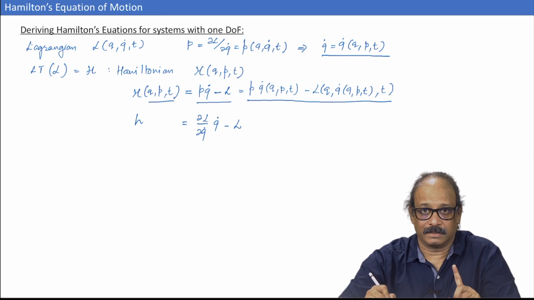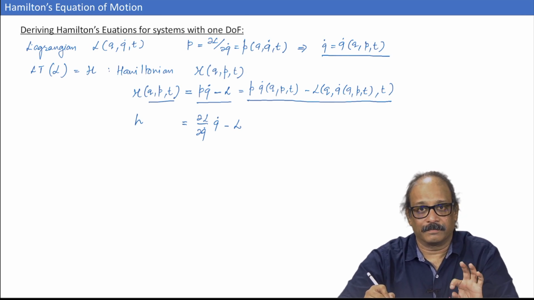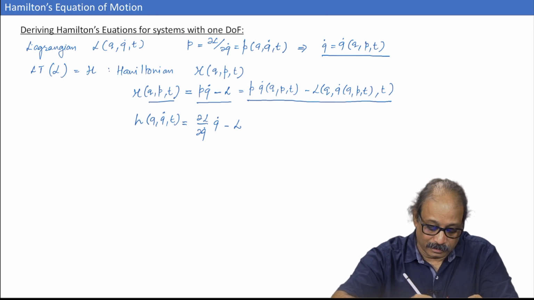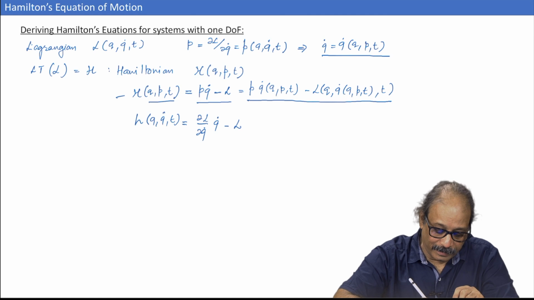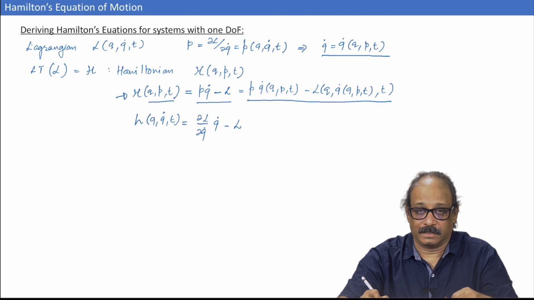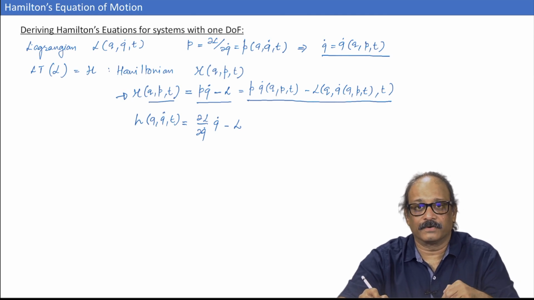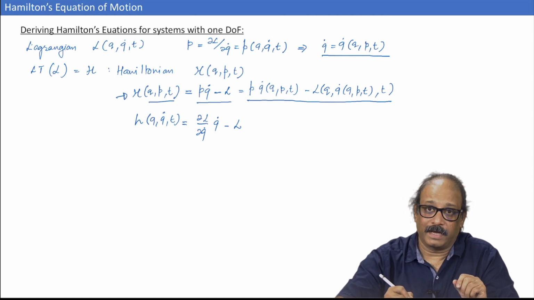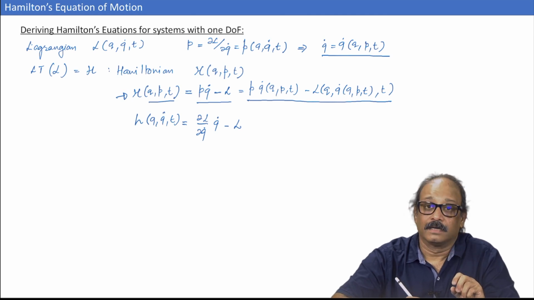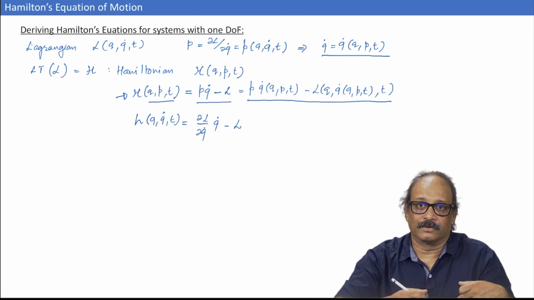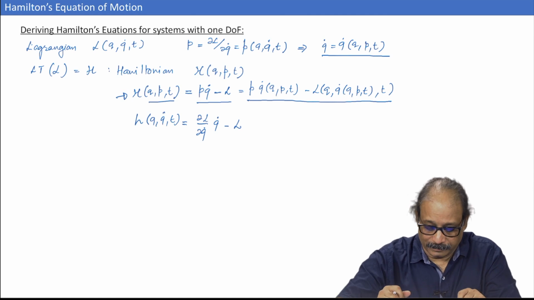But wait, they are not identical. That is because they are defined on completely different spaces. Small h is a function of q, q dot and t, and that is why it is called the energy function, and capital H is a Hamiltonian which is a function of q, p and t. We make this distinction very clear that these two functions are not the same, at least mathematically definitely not. But it may happen that in a given system, this energy function may actually represent total energy, and in that case the Hamiltonian also will represent the total energy. Okay.